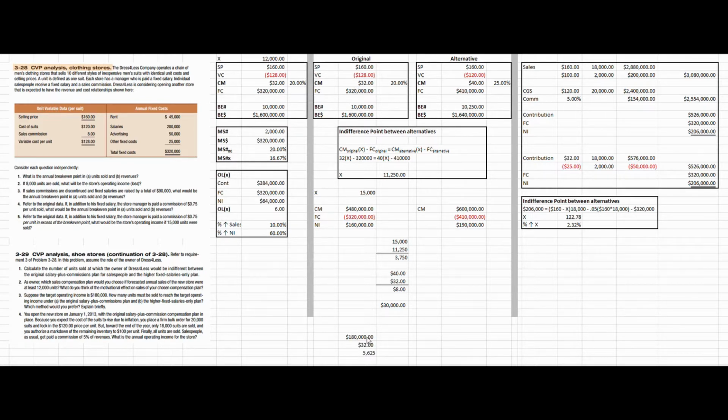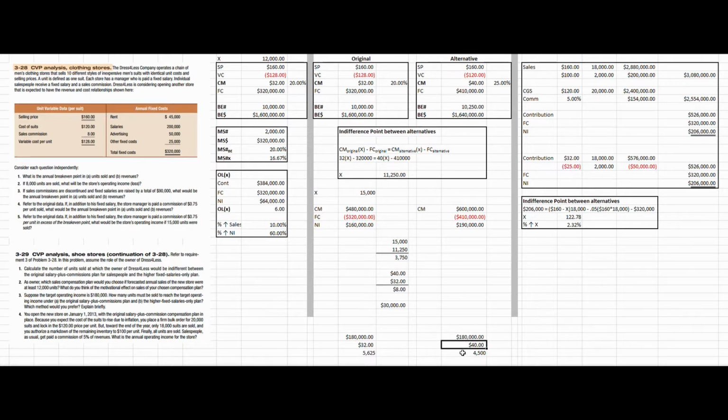Right, we want to generate net income in excess of break-even, $180,000. Each unit contributes $32, so we need to sell 5,625 incremental units, or have total sales of 15,625 units under our original option. Okay, under our alternative option, we already know a priori that we'll have to sell fewer incremental units. Why? Because our contribution margin per unit is higher.